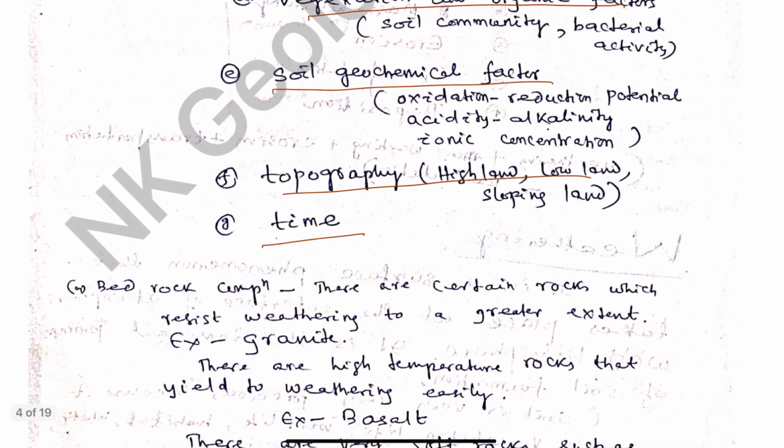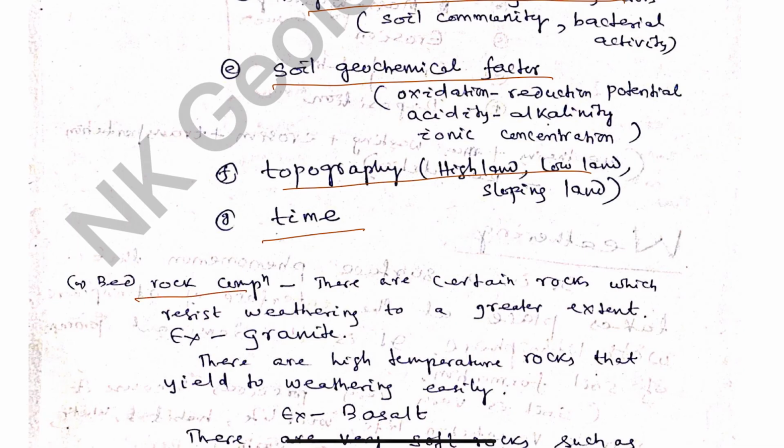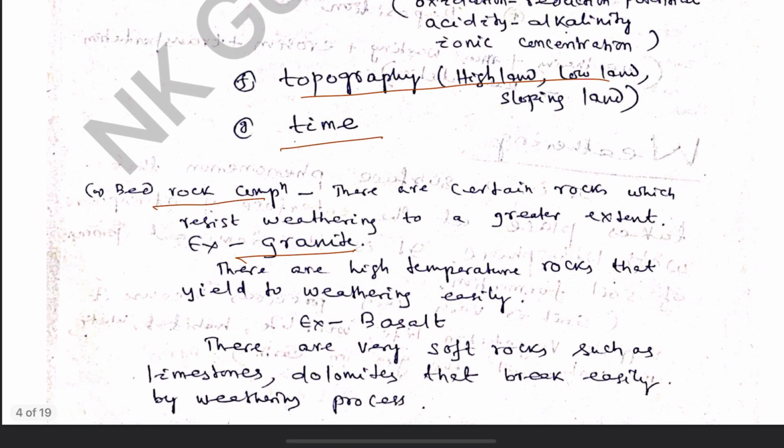Let us discuss these factors. Bedrock composition. The rock composition is a major factor that controls whether it will be affected by weathering or not. There are certain rocks which are very hard and resistant to weathering, and certain rocks which are very weak to weathering. For example, granite is very resistant to weathering.